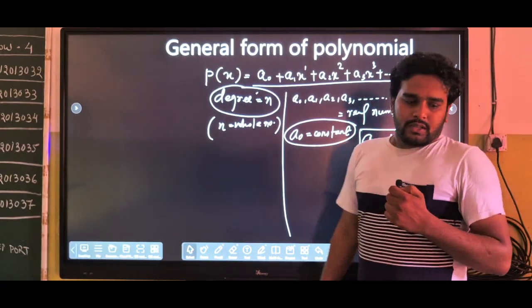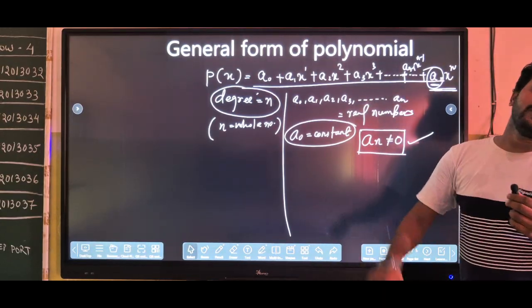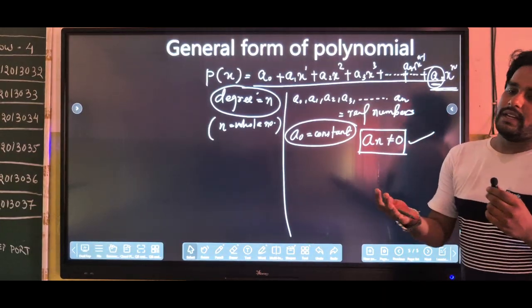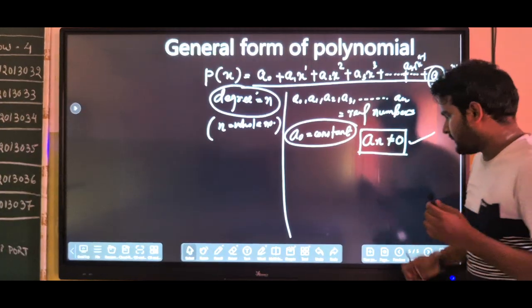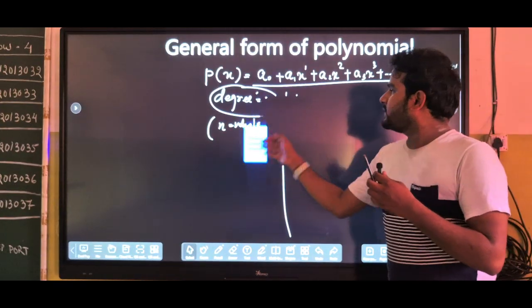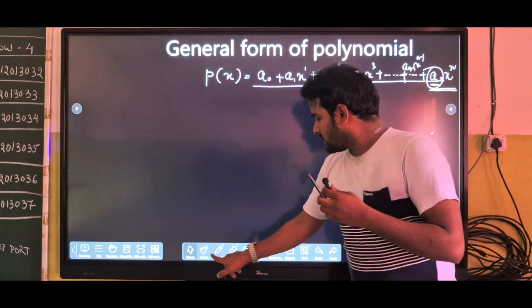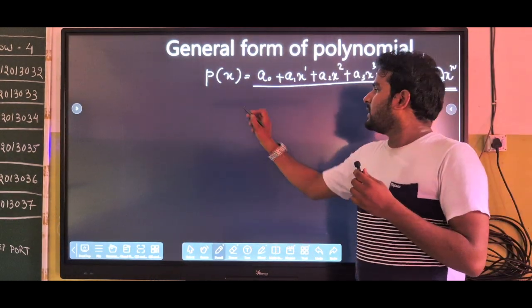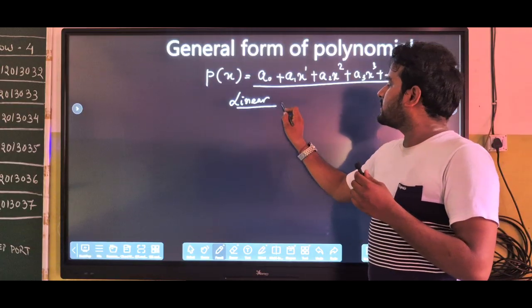So from this general form of the polynomial, we will derive the names that were in the previous slide: linear, quadratic, cubic and biquadratic. Let me erase the extra part. From this general form, we will find out the terms of the polynomial. First one, degree is 1, that is linear.